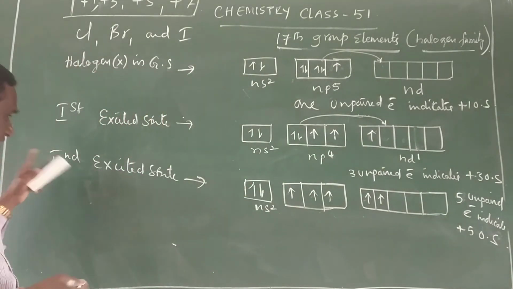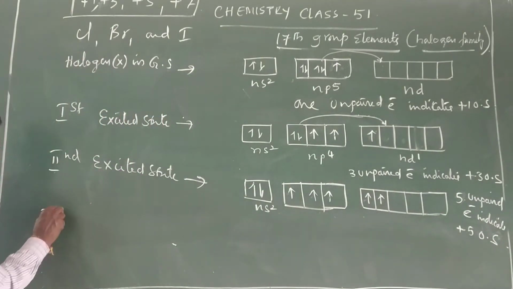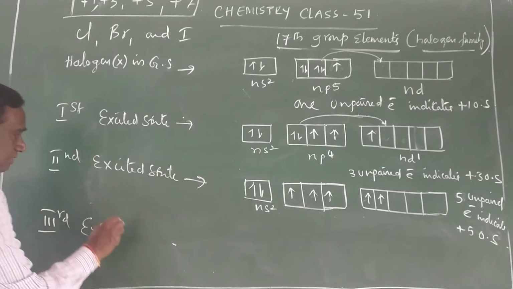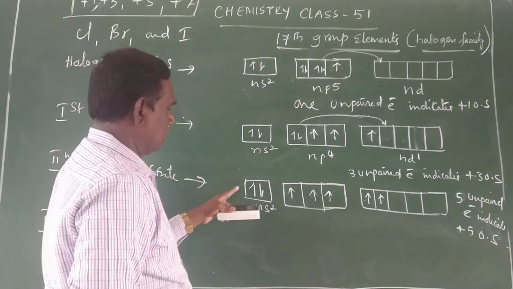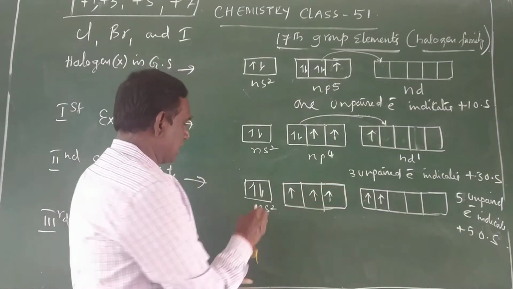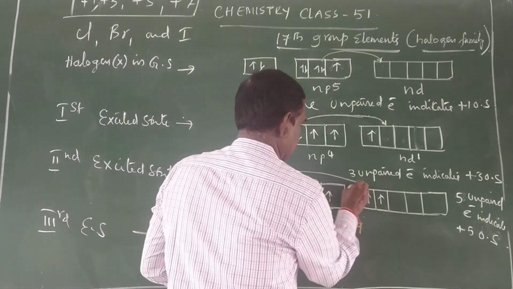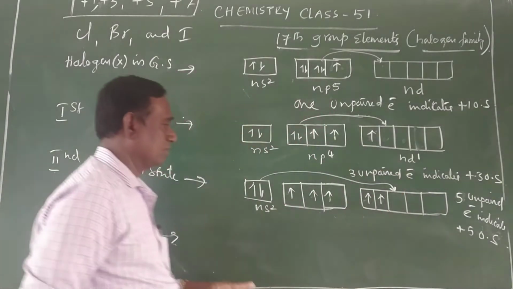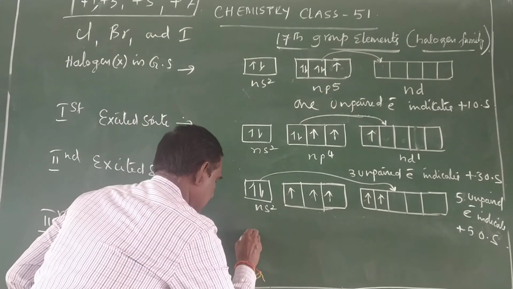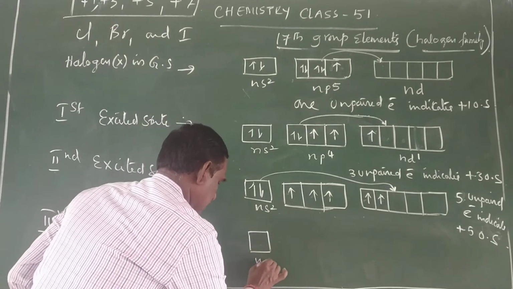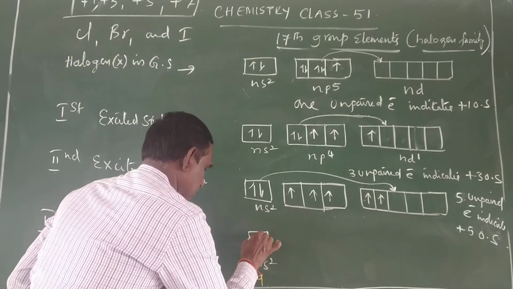So at the third excited state, what happens here? Now from the ns level also one electron transfers to this position. You can write the excited state again. That is ns1, only one electron.